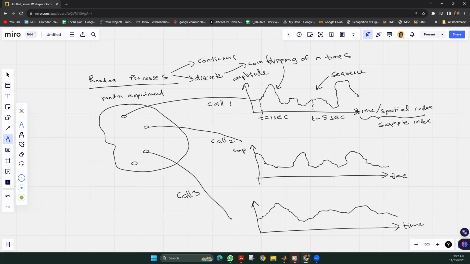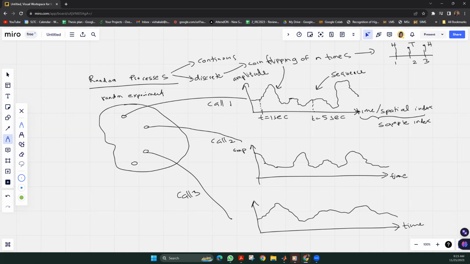So if we are flipping it 3 times, then we are getting 3 outputs. For each time you get either head or tail, maybe head, tail, head. Likewise, you get some output for each instance of flipping.